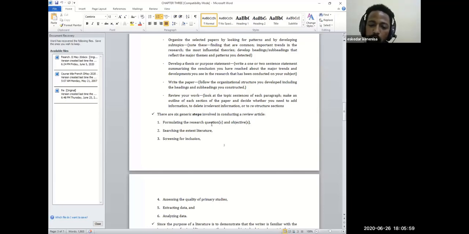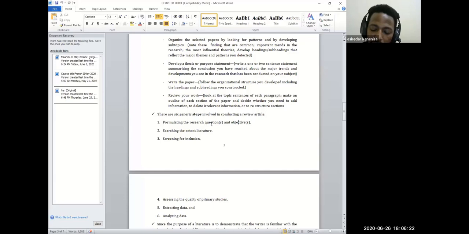Therefore, you have to have a clear research question. You have to have a simplified, well-articulated objective or objectives. You will have one big general objective and several specific objectives, usually 4 or 5 specific objectives.